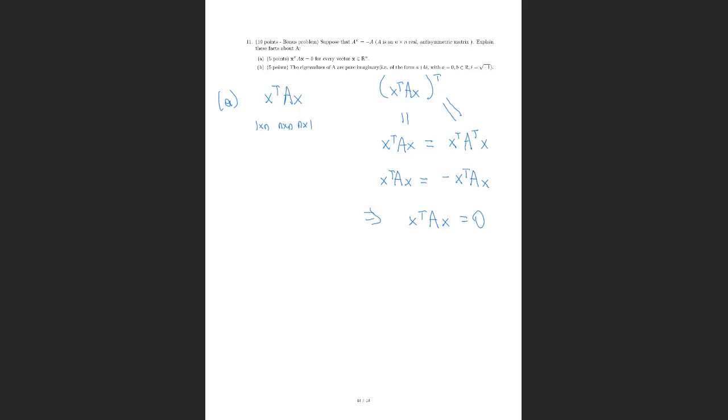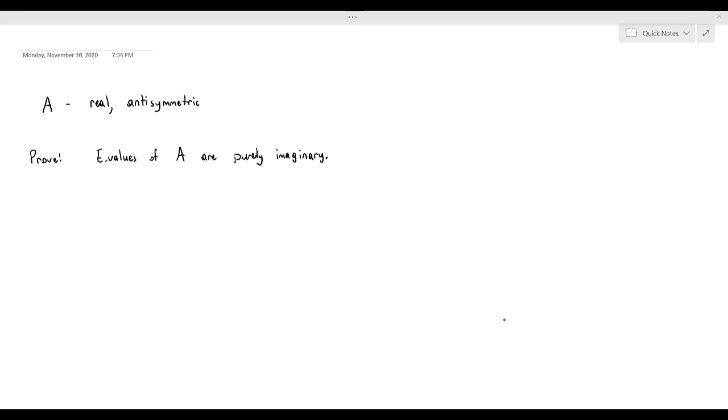All right, so then next, we want to also show that the eigenvalues must be purely imaginary. Okay, so at this point in the review, I struggled for about 20 minutes trying to prove this result. And ultimately, something bothered me about my proof.